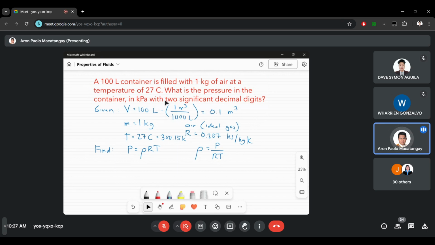However, in our equation, we have no value of rho here.